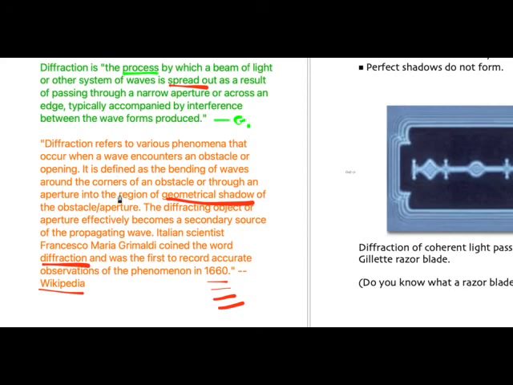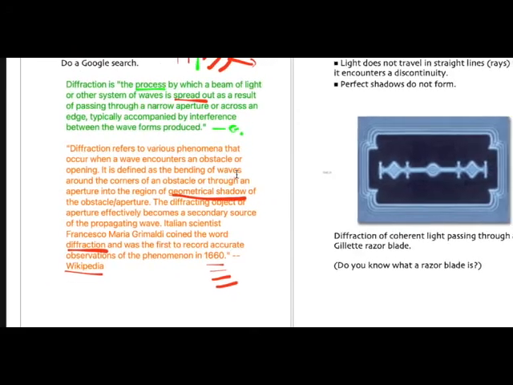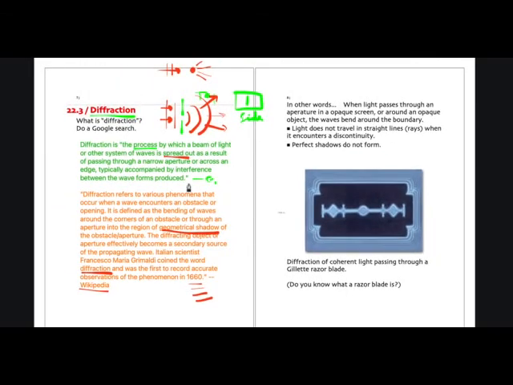So there's also bending of sound waves. Diffraction occurs for sound waves. It's really a wave phenomenon. But we're focusing on the application to light waves. All right, so that's the meaning of the word diffraction. You probably haven't used that word a lot in your everyday life, but it came from Signor Grimaldi.